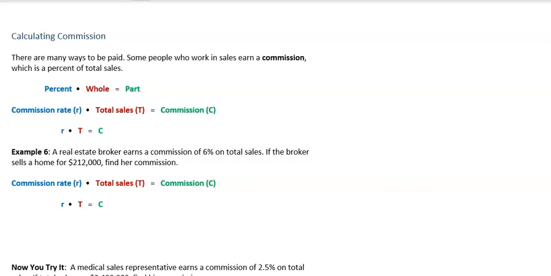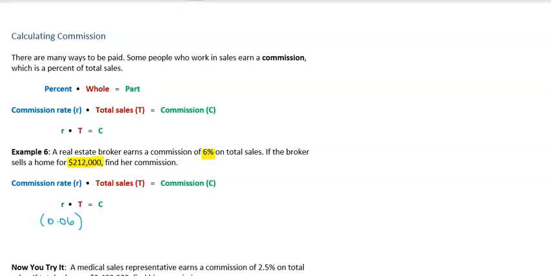The first example, a real estate broker earns a commission of 6% on his or her total sales. If the broker sells a home for $212,000, find their commission. So the commission rate is 6%. So I will highlight these in case you like to see that. So the rate is 0.06.